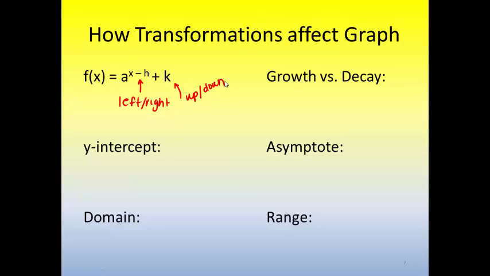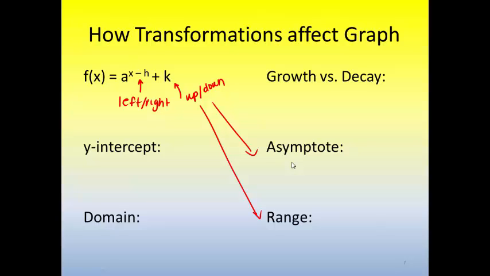Well, the up or down affects two things. The up or down is going to affect my asymptote, and it's going to affect the range because my range is dependent on the asymptote. My up and down is going to position the asymptote. Again, that affects the range. So these are all very much connected.